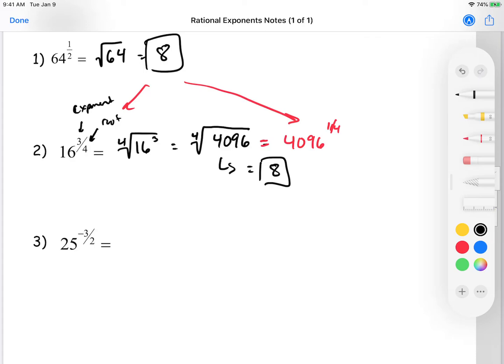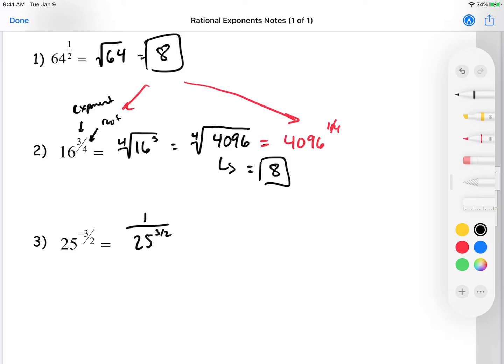The only difference is that they're fractions. So if I can add fractions, I can subtract fractions, I can multiply, divide, and so on. Since they're still the rules, this is the same thing as 1 over 25 to the 3/2. That's what that negative means.